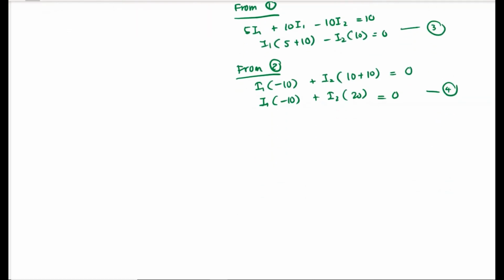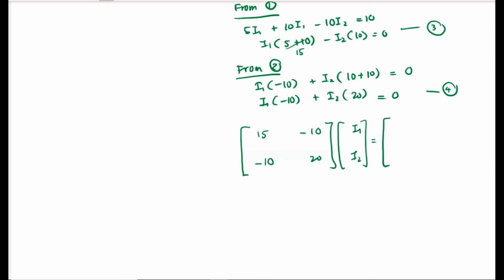Then rearrange the equations to matrix form. So here is 15, minus 10, minus 10, 20. And then use a calculator.